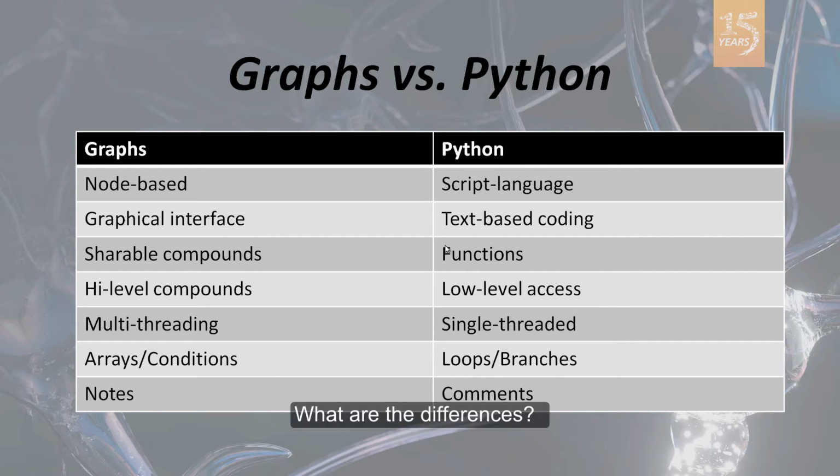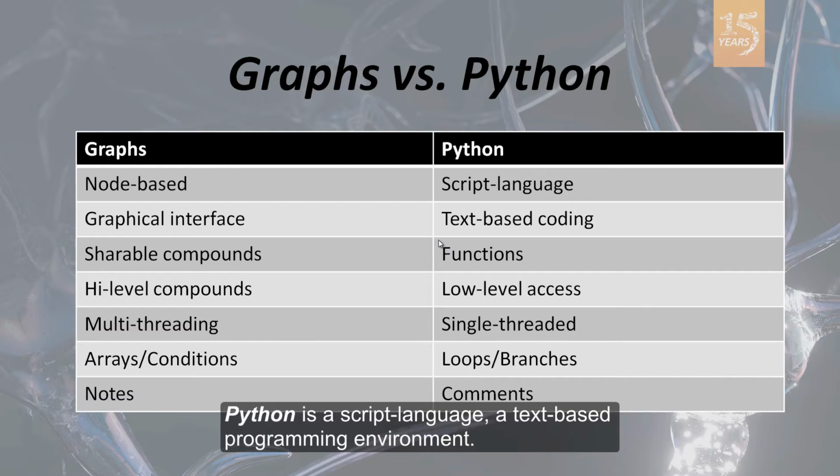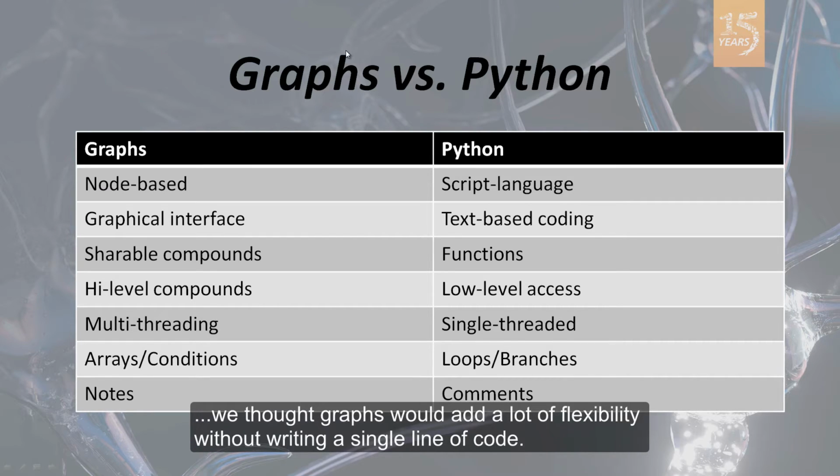Well, what are the differences? Graphs are basically node-based and provide a graphical interface, like a lot of other graphical packages provide nowadays. Python is a script language, a text-based coding environment, and since we know that artists do not really appreciate text-based coding normally, we thought graphs add a lot of flexibility without writing a single line of code.